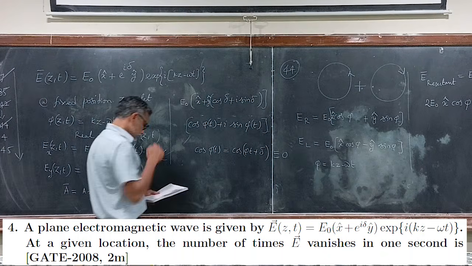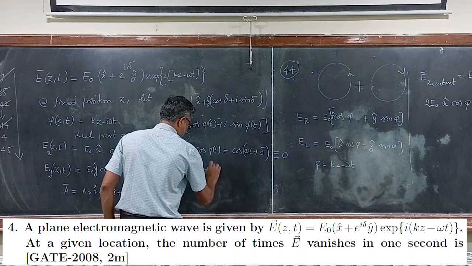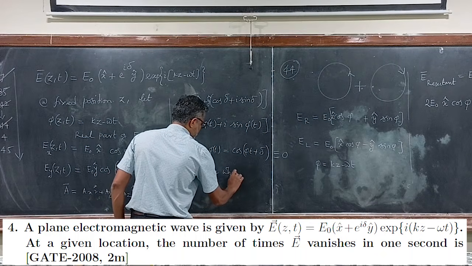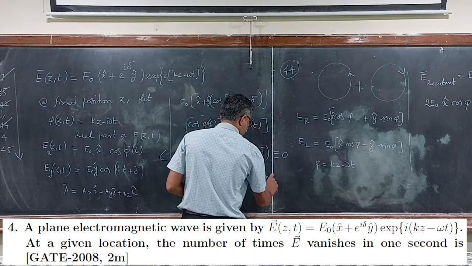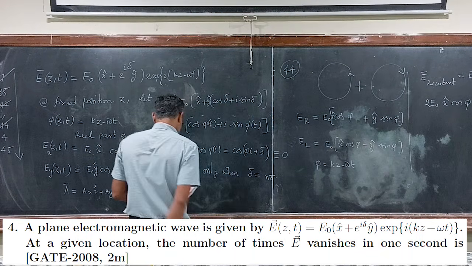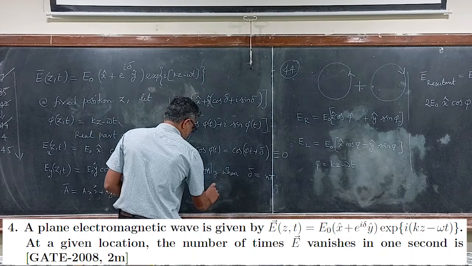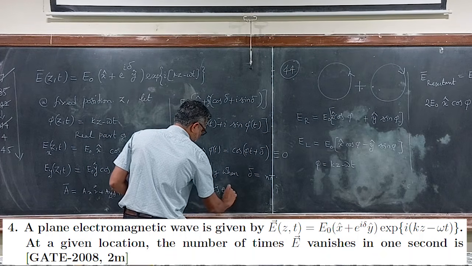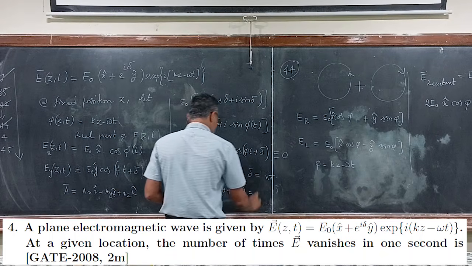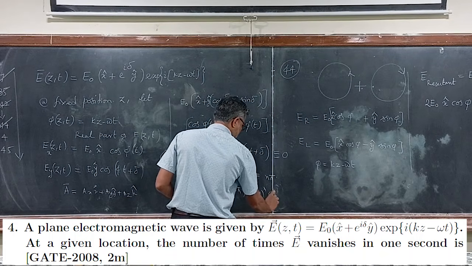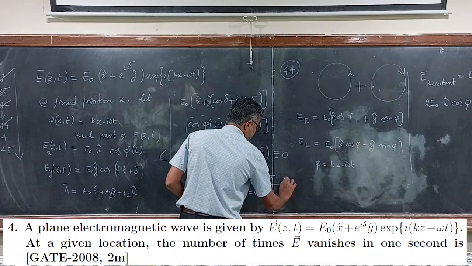So when will it happen? Only when delta equals n times pi, where n is an integer. So your cos of phi plus n pi must be equal to minus 1 to the power n times cos phi. So let's say your n is an integer.